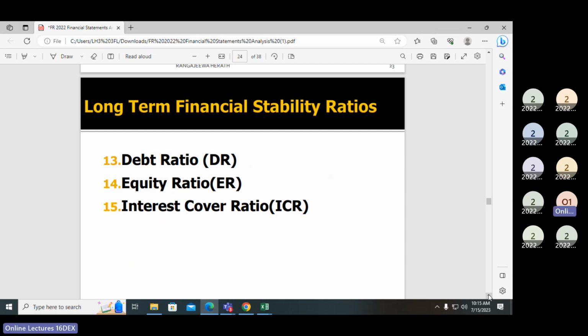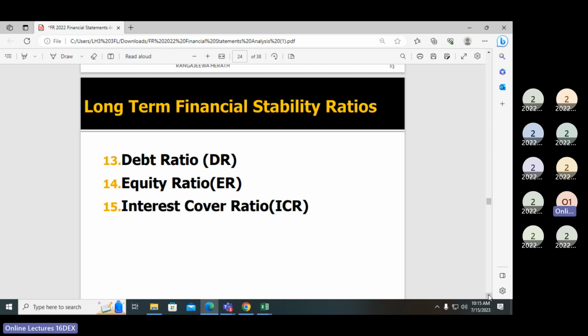The liquidity ratio, in other words short-term financial stability, shows whether we can settle current liabilities. Long-term financial stability measures the business in the long term. The name suggests it: whether this business is stable in the long term, whether the business faces any problem in settling long-term debts, whether the business is stable in the long run or not.